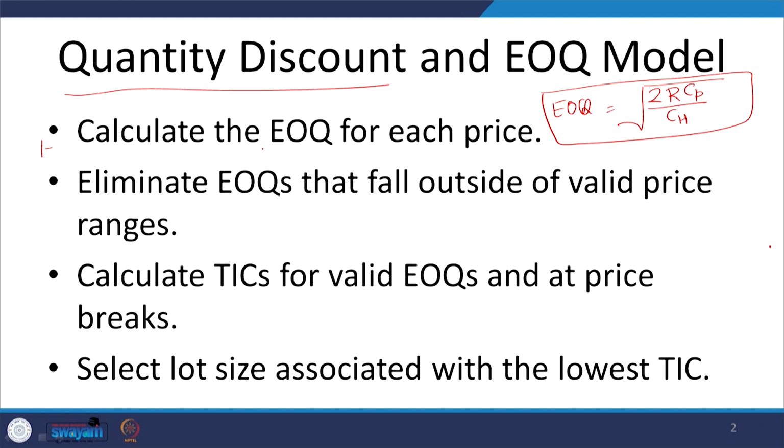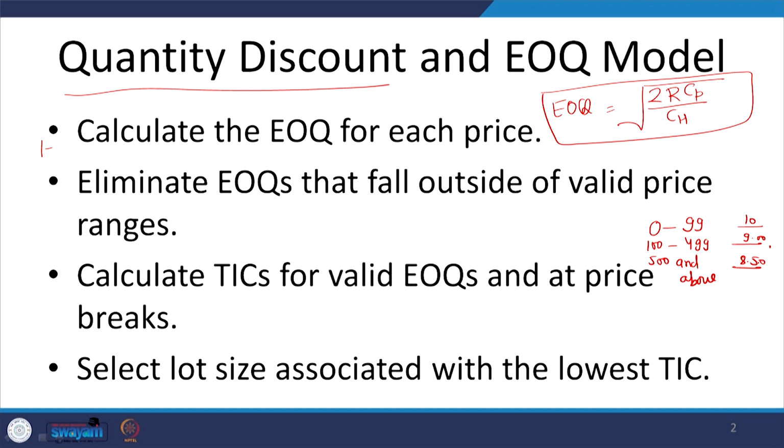So, let us say for 0 to 99 one price is there, for 100 to 499 another price is there, and for 500 and above some other price is there. For each price, this is 10 rupees, this is 9 rupees, this is 8 rupees 50 paise.